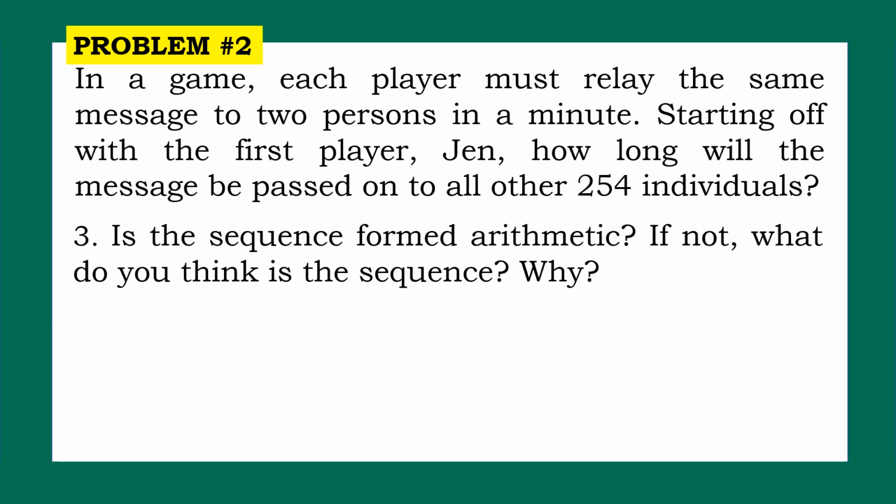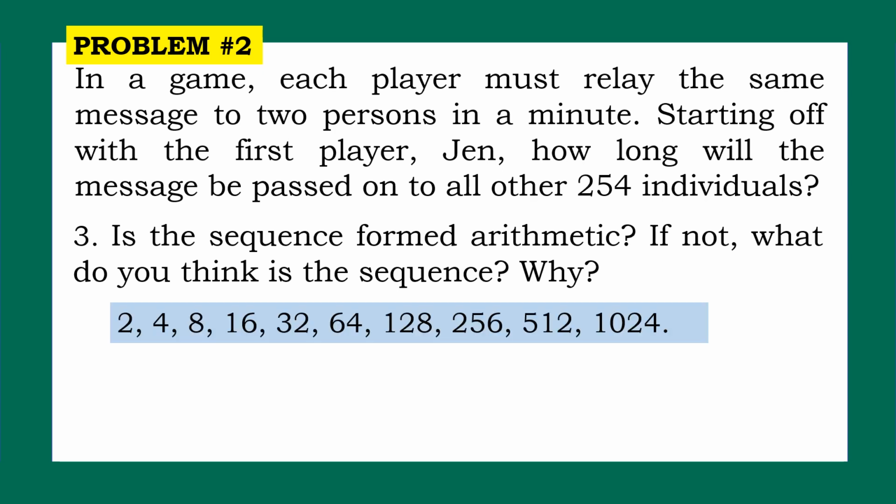For question number 3, is the sequence formed arithmetic? If not, what do you think is the sequence and why? So the sequence 2, 4, 8, 16, 32, 64, 128, 256, 512, and 1024 is not an arithmetic sequence, since the difference between two consecutive terms is not constant.